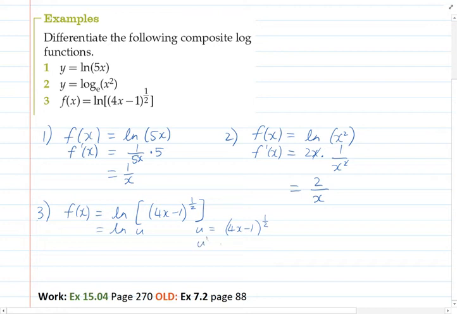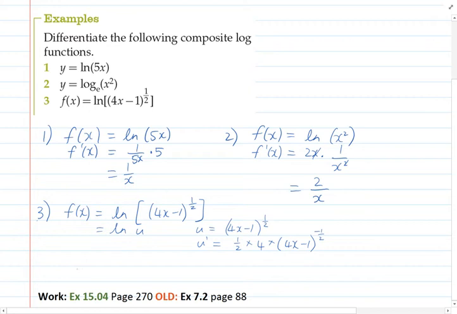So the derivative of u is going to be a half times the derivative of the thing inside, which is 4, times 4x minus 1, and then our power is going to be reduced by 1.